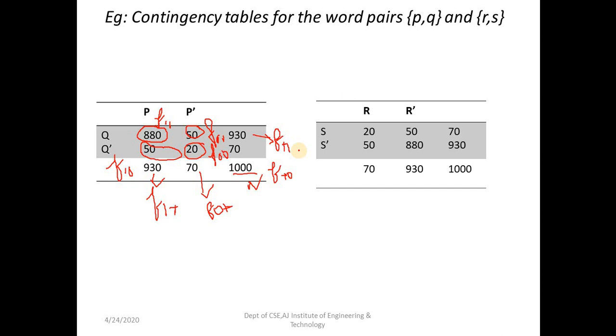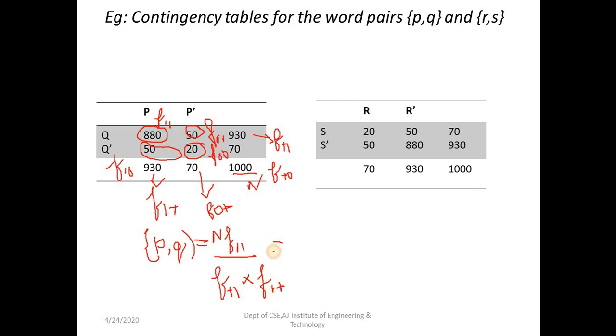Now, let us calculate the interest factor for the word pair P, Q. We know the formula. It is N into F11 divided by F of plus 1 into F of 1 plus.